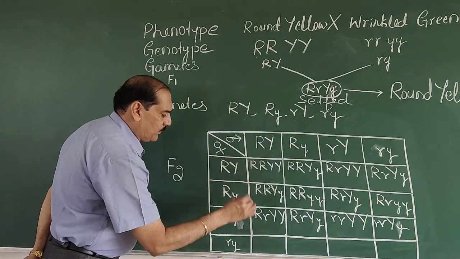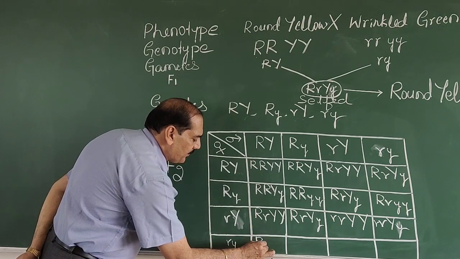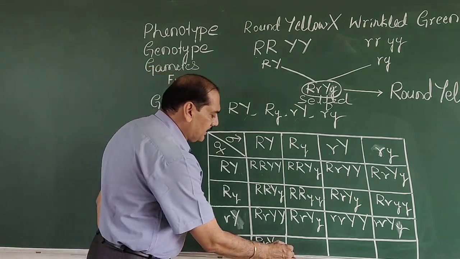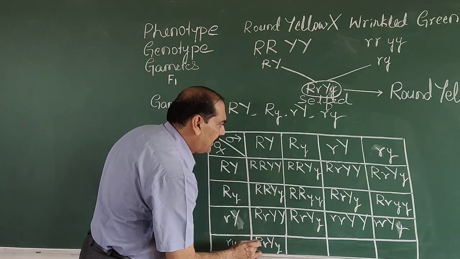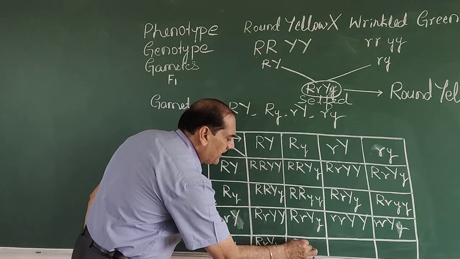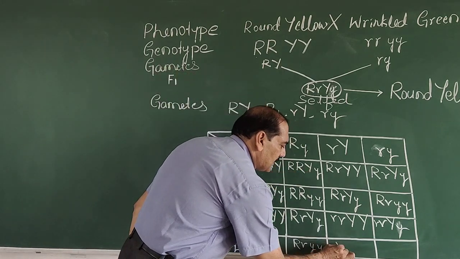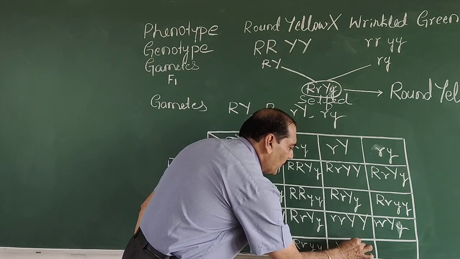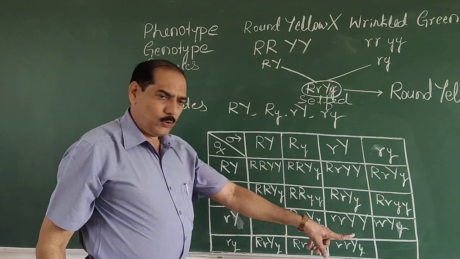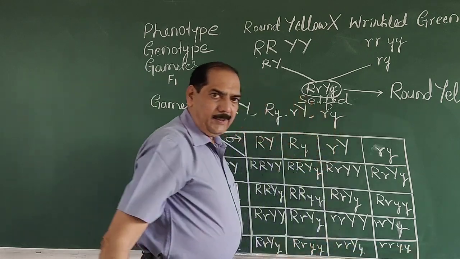Next, when these two gametes fused, we write genotypes here: big R, small r, capital Y, small y. Next, the genotypes we obtained are capital R, small y. When these two gametes fused, small r, big Y, small y. When these two gametes fused, the genotype obtained we write here: small r, small y.